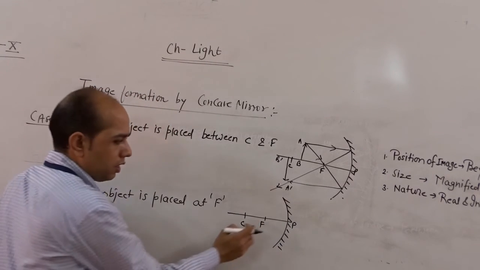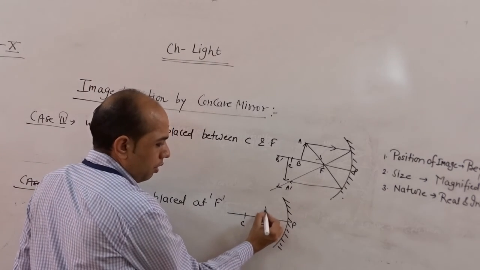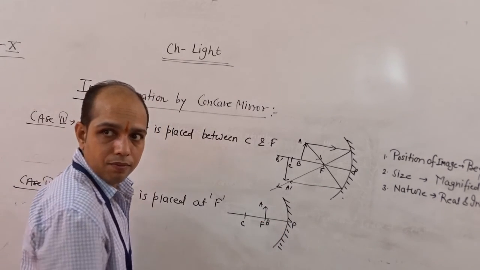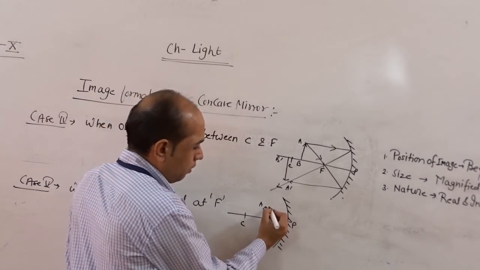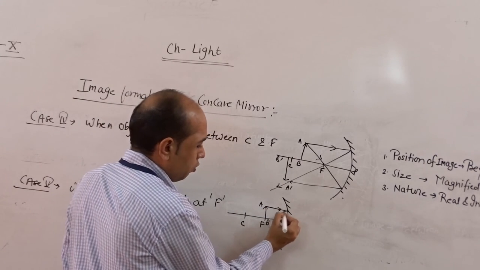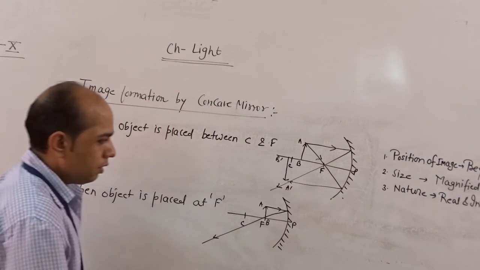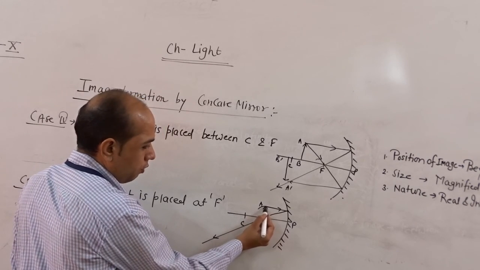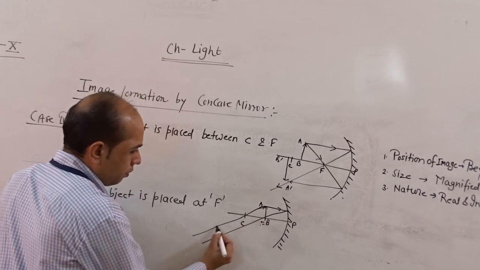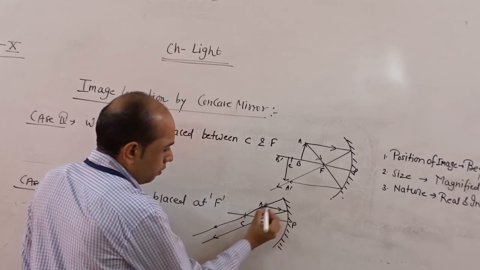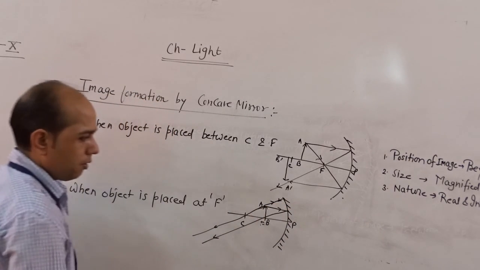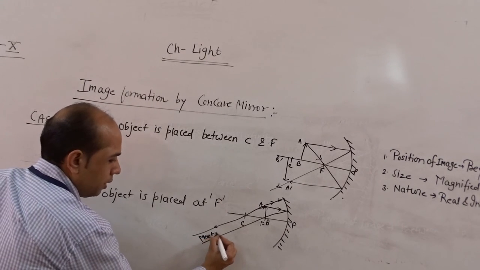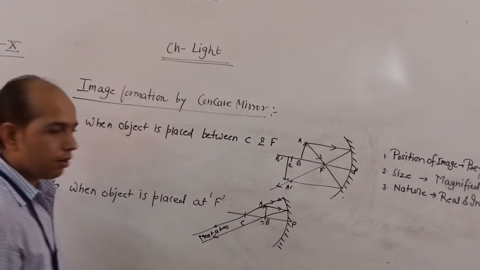So now the object is placed at focus, so again A, B indicate here the object, and again the first ray, parallel to the principal axis, passes through focus. The second ray we have to pass from center of curvature. So what we observe, it retraces its original path. So these two rays are approximately parallel and they meet at, suppose, infinity.